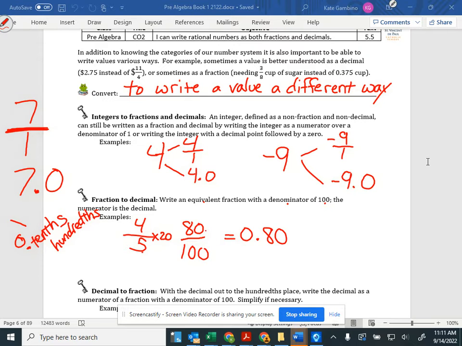We could have said 4/5, I can change that into tenths, times it by 2, 4 times 2 is 8, 8 tenths. Those are all equivalent of each other. So you are correct on that, but not everything goes into tenths. We can convert a lot more into hundredths than we can into tenths.